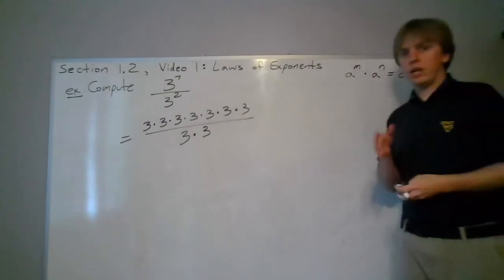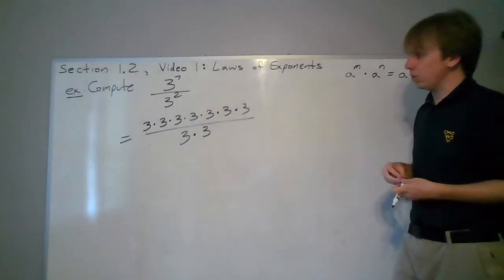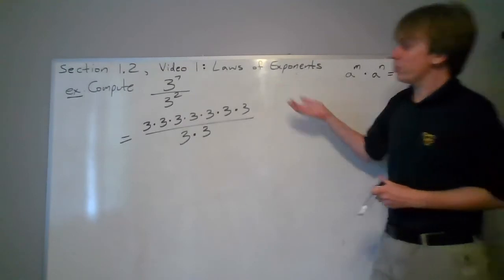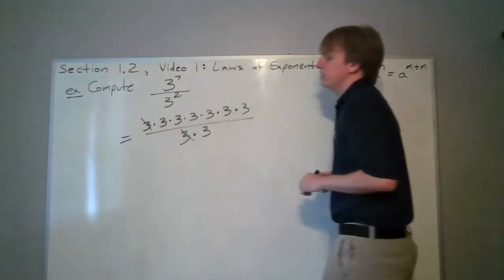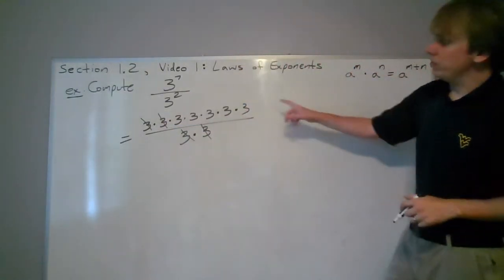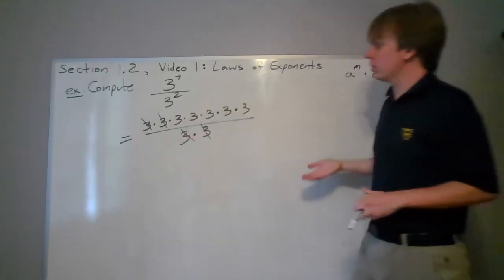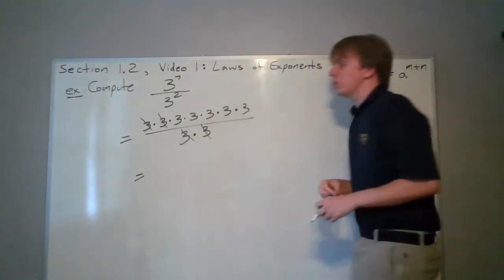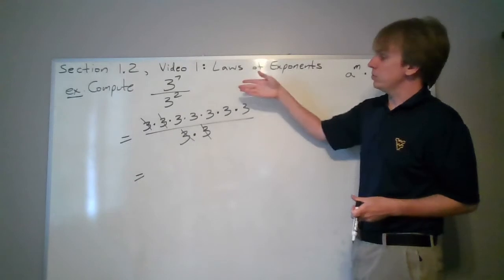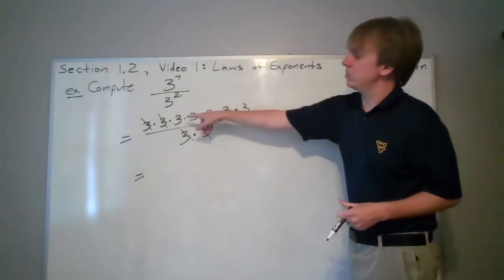And then hopefully you guys remember how fractions work. If everything in the numerator is multiplied and everything in the denominator is multiplied, then what we can do is cancel any factors we see in common. So they both have a 3 in common. I can cancel that out. They both have another 3 in common. I can cancel that out. And what I'm left with is this. 3 times 3 times 3 times 3 times 3 in the numerator, which, as we talked about in the last section, is the same as 3 times 3 times 3 times 3 times 3 over 1.